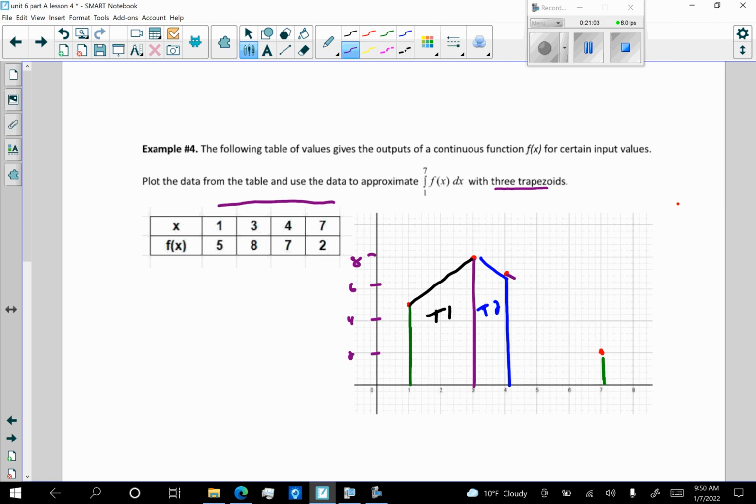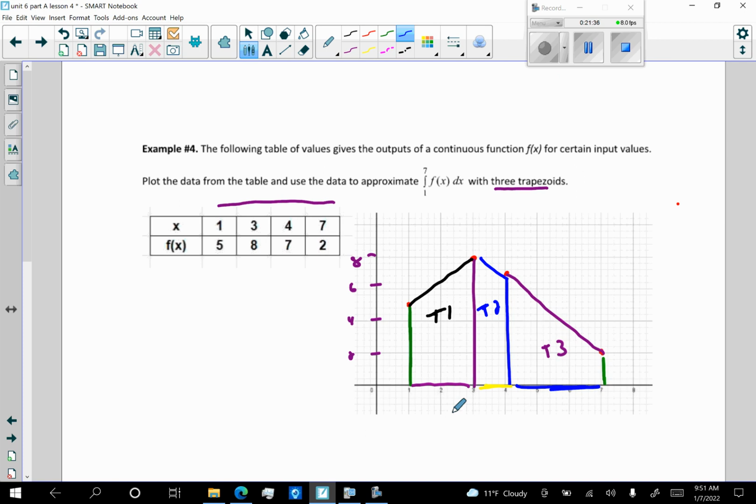And this will be trapezoid 3. So there's my 3 trapezoids. These are very common problems that you will see for an AP style test. And what's not the same on all those trapezoids? The heights of these trapezoids all change.